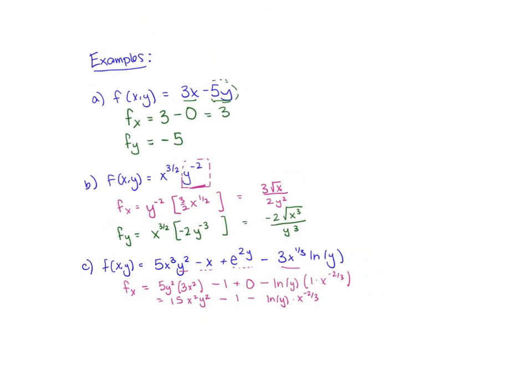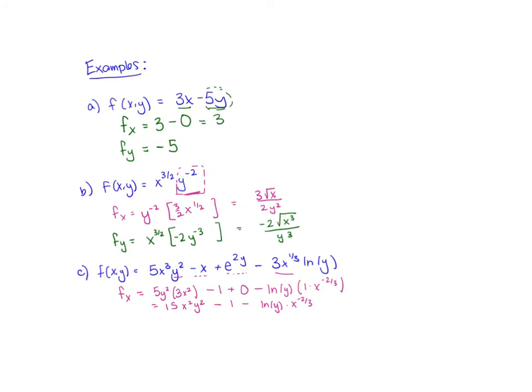Okay, so for my partial with respect to y, now I want to think of x as a constant. So 5x cubed is all a constant here. Derivative of y squared is 2y. Minus x is a constant, so its derivative is 0. Plus the derivative of e to the 2y is 2e to the 2y. Minus x is a constant, so this 3x to the 1/3 comes along.